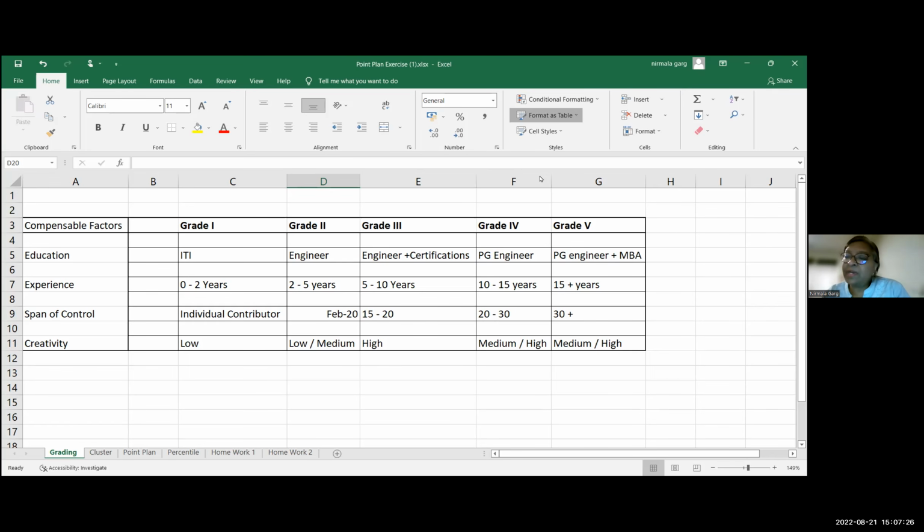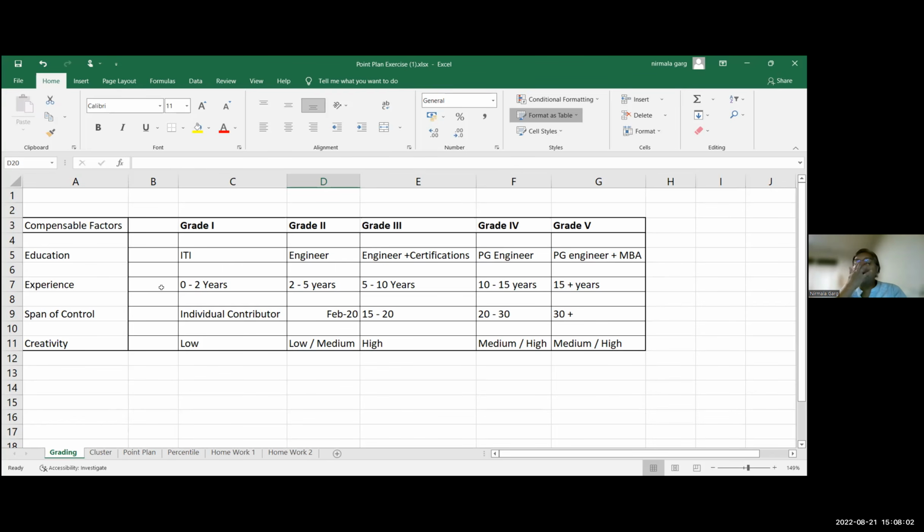A compensable factor has to vary in terms of its intensity. For example, education. Education in your organization will have various levels. Higher the job, you might need higher education, higher certifications, etc. So education is one compensable factor, experience is a compensable factor, span of control is a compensable factor, creativity and innovation is a compensable factor.